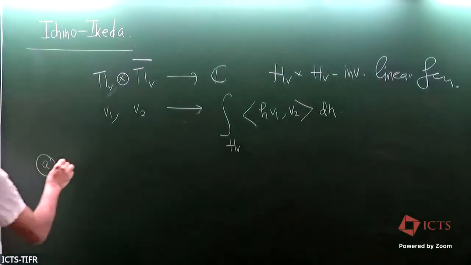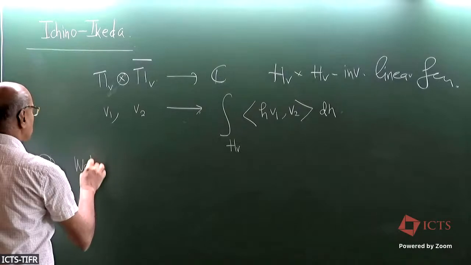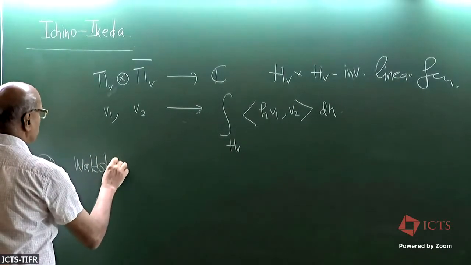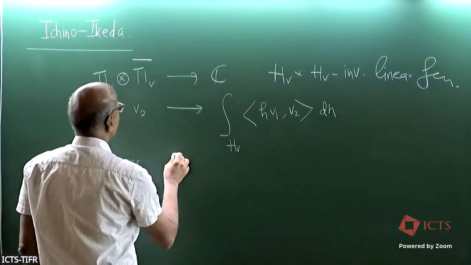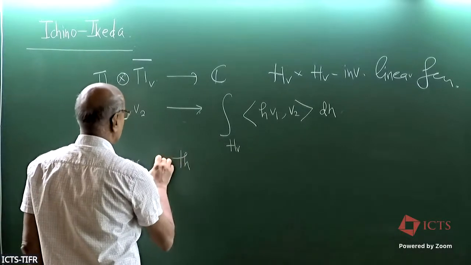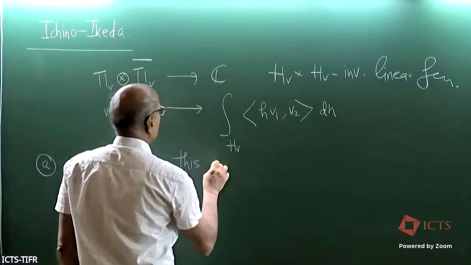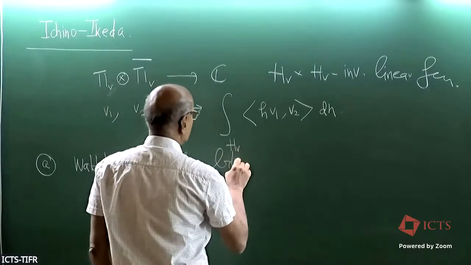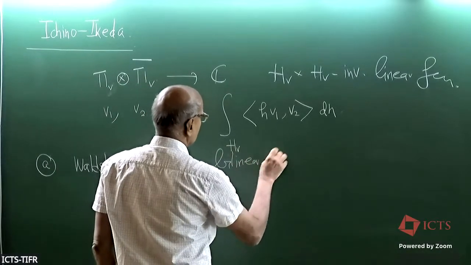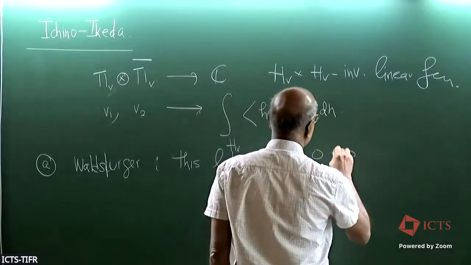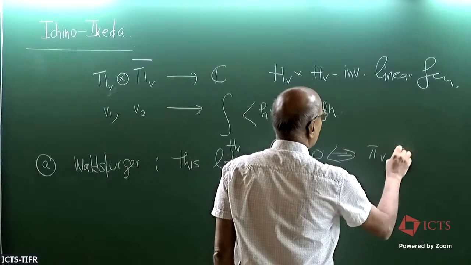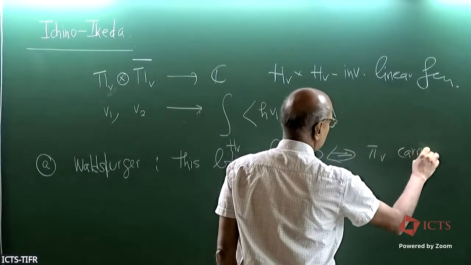First is due to Walsh-Forget, which says that this bilinear form is not zero if and only if pi v carries an HV invariant form.